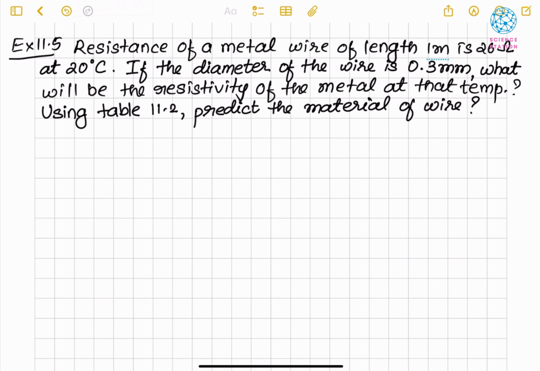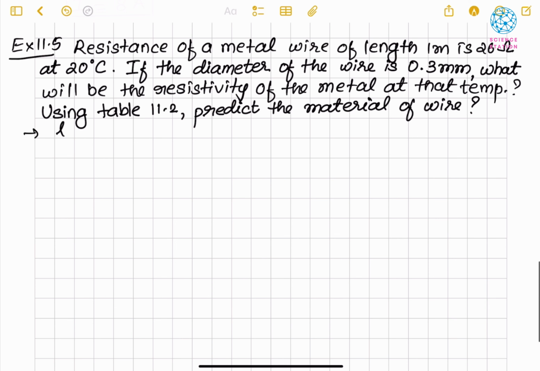Now example 11.5 says: the resistance of a metal wire of length 1 meter is 26 ohms at 20 degrees. If the diameter of the wire is 0.3 mm, what will be the resistivity of the metal at that temperature? Using table 11.2, predict the material of the wire.